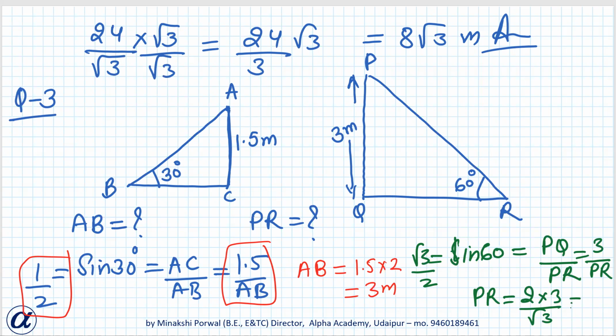We can write 3 as root 3 into root 3, so this cancels, and it will be 2 root 3 meter.